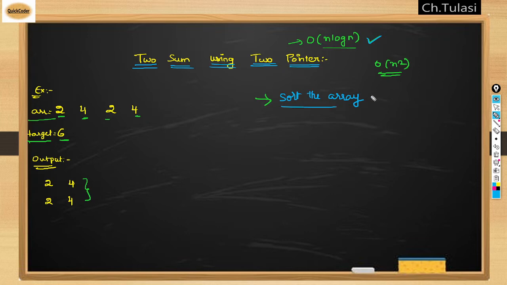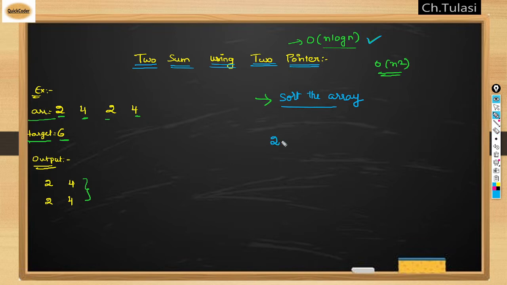The predefined Arrays.sort in Java also takes n log n because it is internally implemented using merge sort. So that is the reason this method is O of n log n. The first step is sorting the array.